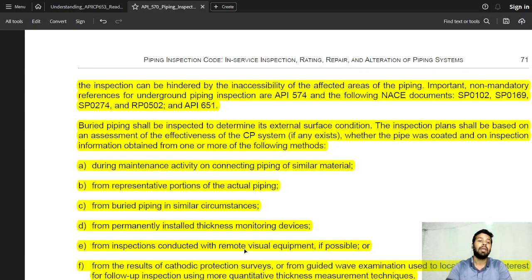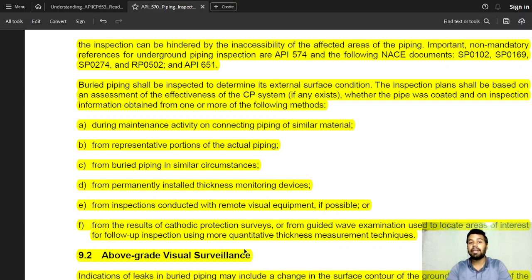guiding document. Buried piping shall be inspected to determine its external surface conditions.